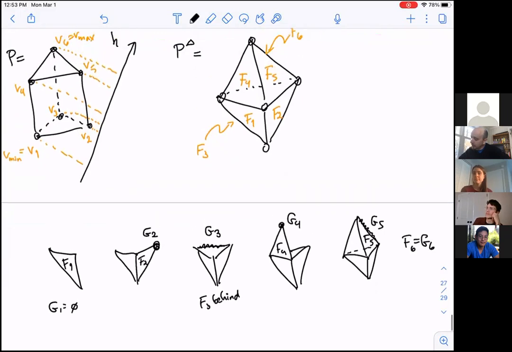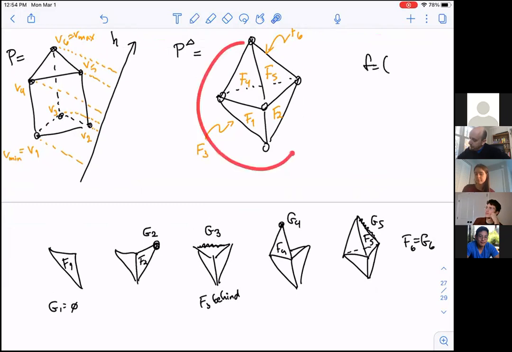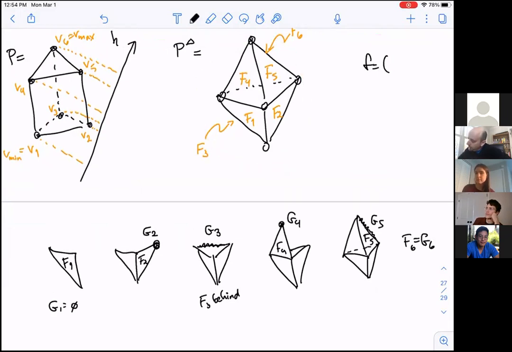And so let me just point out, what's the F vector for this? This thing is 1 empty face. There are 5 vertices. There are 1, 2, 3, 4, 5, 9 edges. And there's 6 two faces. That's supposed to be F-1.